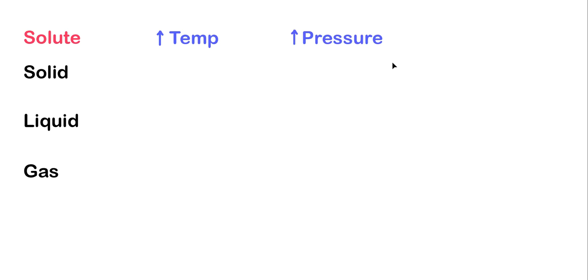So remember, in a solid, we have to get that solvent molecule in between the atoms or molecules of the solid. So if we increase temperature, we increase vibrations, then it will be easier to get that solvent molecule in between the solid.